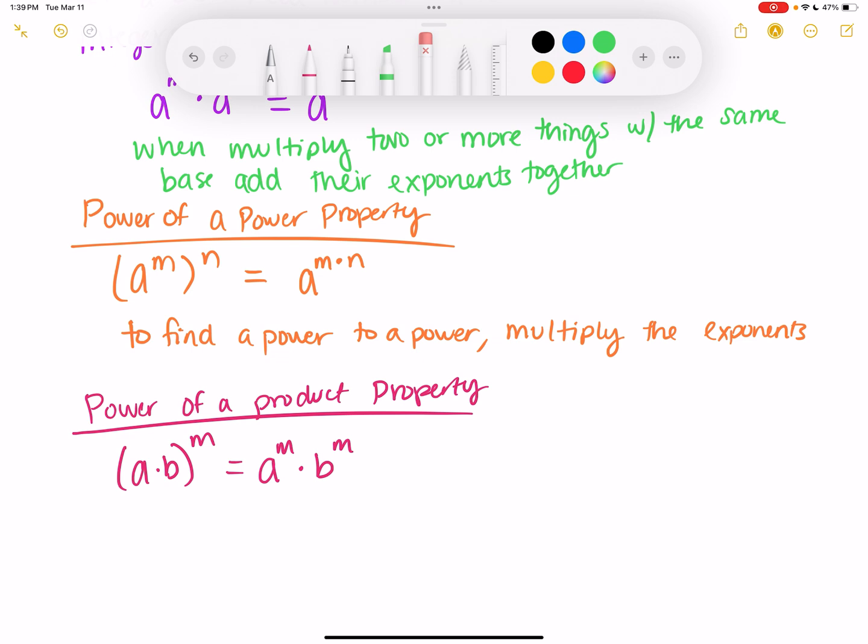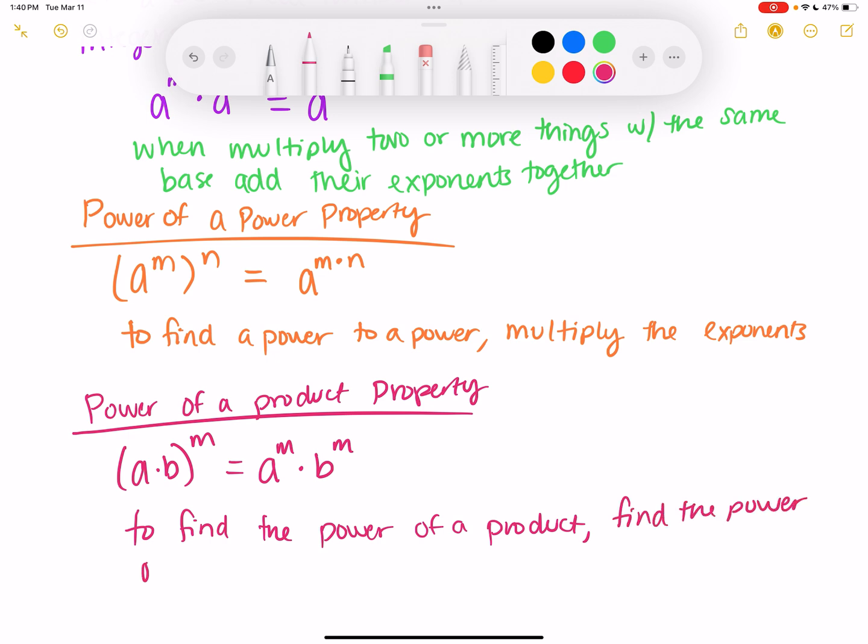So to find the power of a product, find the power of each factor and multiply.